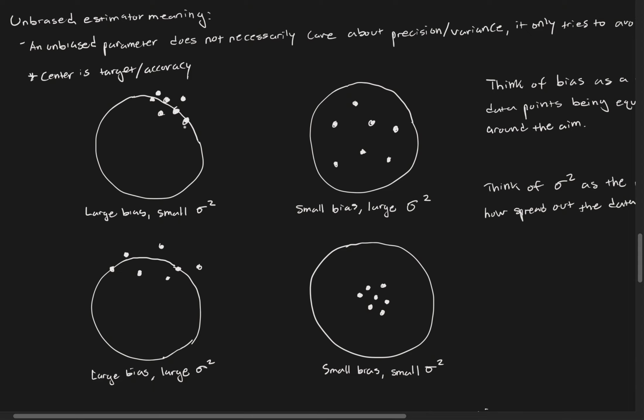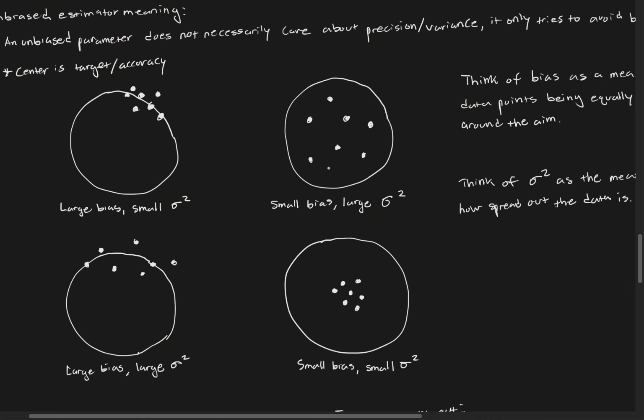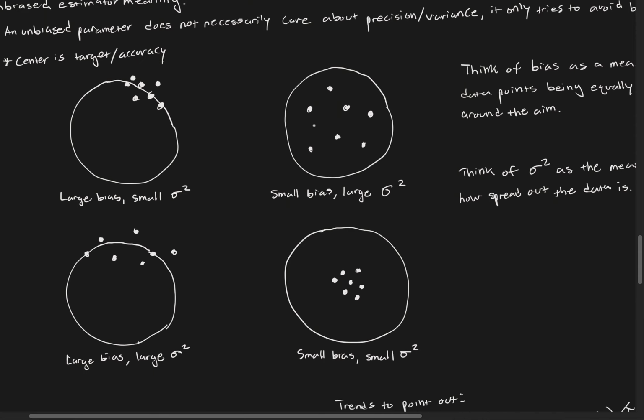So our bias would be large because we are nowhere near the center of the aim, but we have a small variance because the shots are in relatively the same location. For the second example, we have a small bias because they are closer to the middle, but we still have a large variance because they are scattered all over the place, so the differences between the data points are a lot bigger than in the first one.